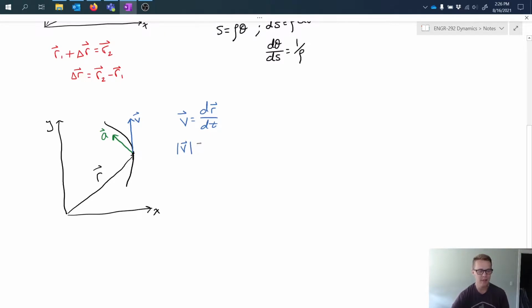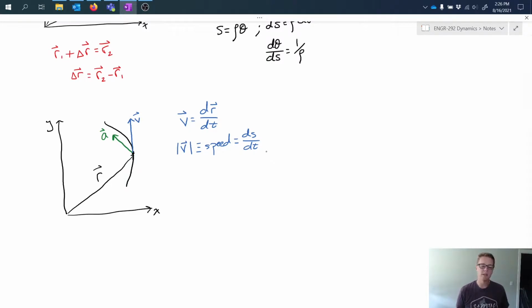Speed specifically would be the magnitude of that velocity, and we can represent that using this arc length that we defined above, and how that changes with respect to time, how the change in position along the path changes with respect to time.